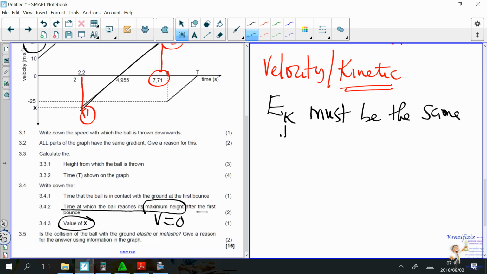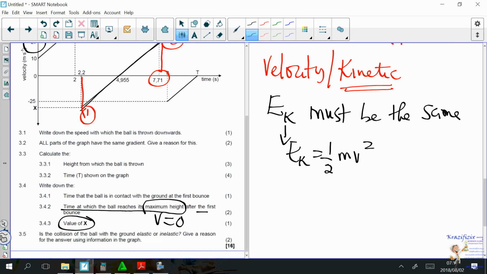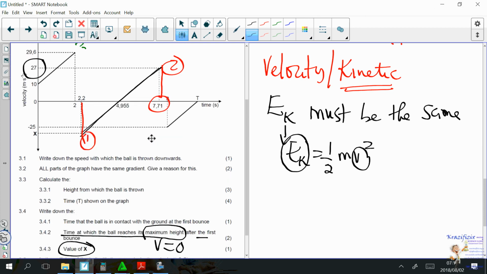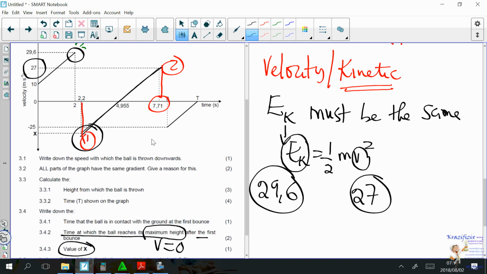If we say kinetic energy, remember the formula, EK equals half mv squared. For this to be the same, the velocity must be the same. But what do we notice when it hits the ground? Let me go back to the graph quickly. It hits the ground at 29,6, but it leaves the ground at 27, the speed.